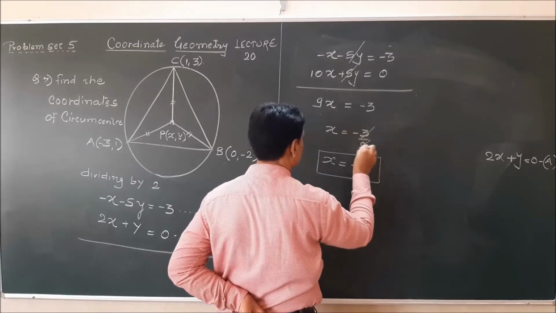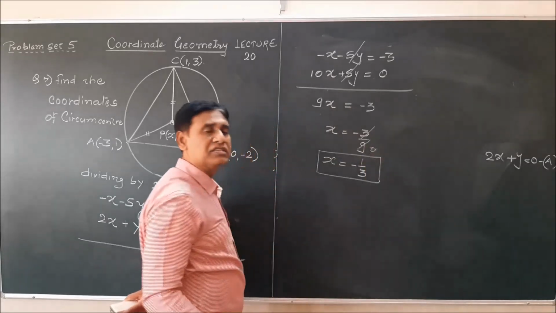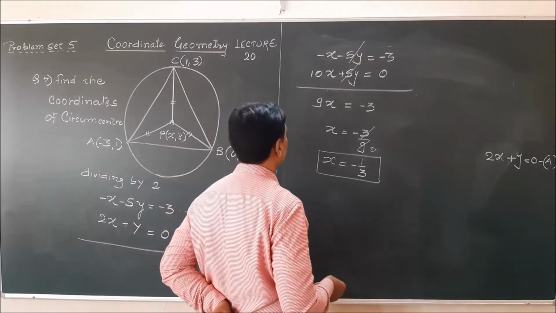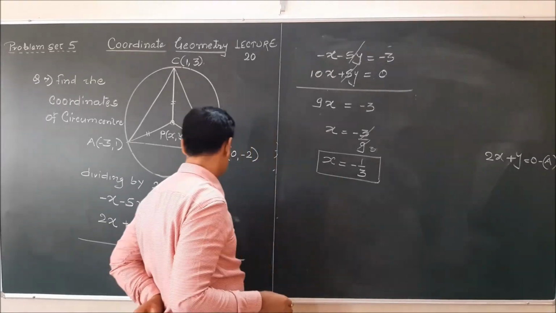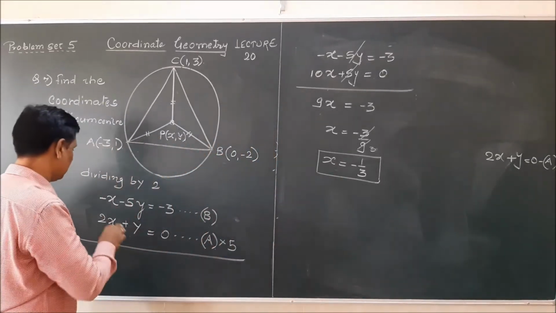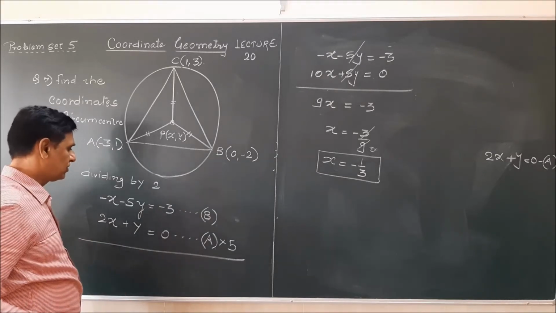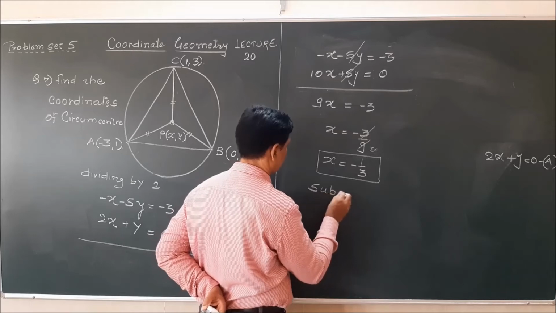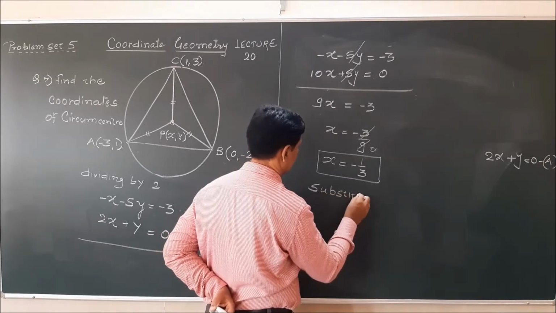Because you find 3 ones are 3, 3 3s are 9. So x is equal to minus 1 upon 3. Now, if I substitute this value in equation A, that is 2x plus y is equal to 0, substitute.